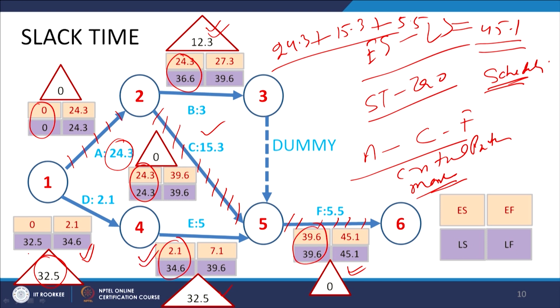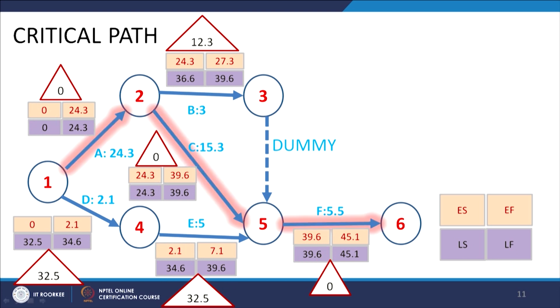So, there is a lot of slack time with a few activities where some liberty can be taken. Considering the 0 slack time as well as the maximum time required, the path is identified, which is shown here: A, C and F is the critical path.